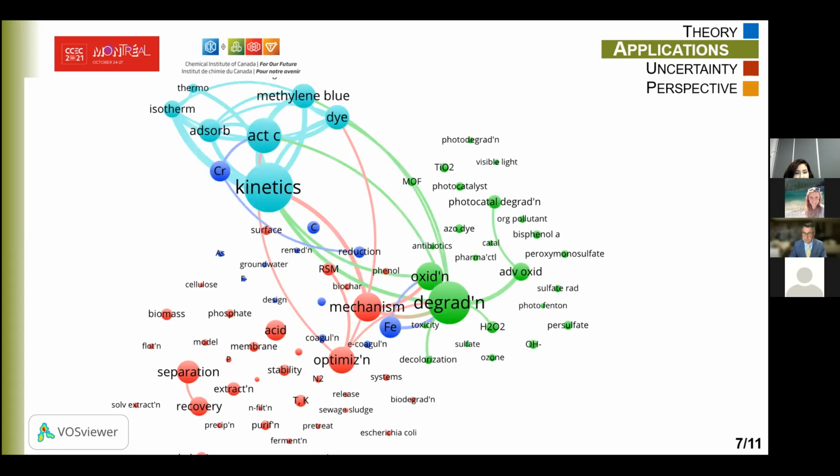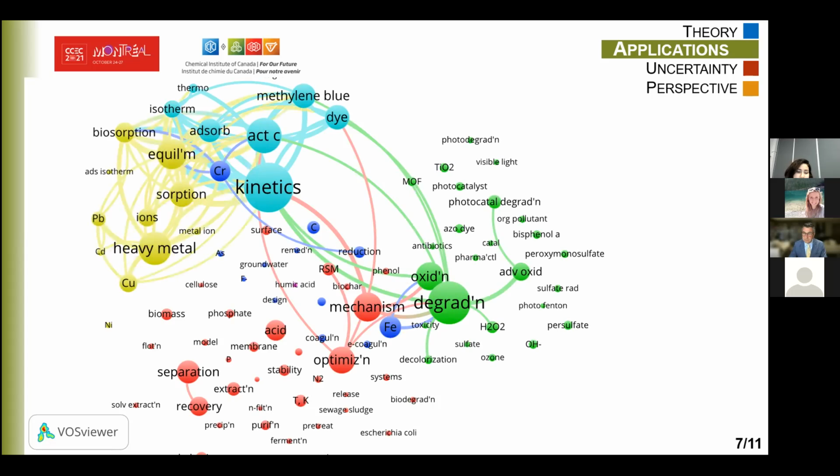For the blue cluster, kinetics is the most mentioned keyword, which indicates the importance of pH in chemistry and chemical engineering. For the yellow cluster, heavy metals, sorption, and equilibrium are the most mentioned. And finally, for the magenta cluster, nanoparticles is the most mentioned keyword.